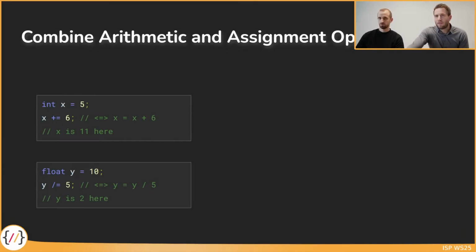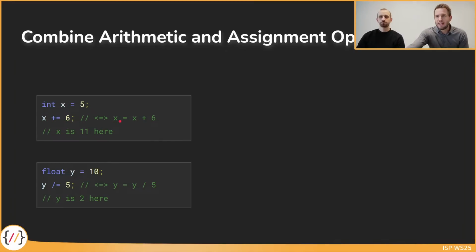The next thing we want to have a look at is that we can combine those arithmetic operators we've just seen with the assignment operator. So, for example, if we have an integer variable x here, we could do the following. We can say x plus equals 6.